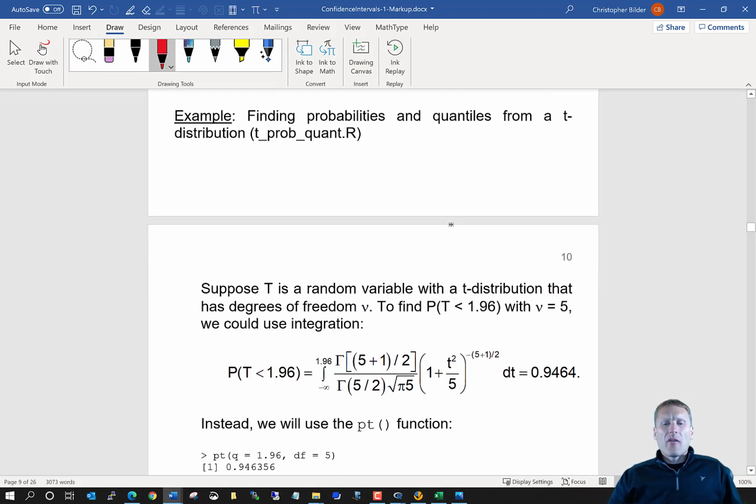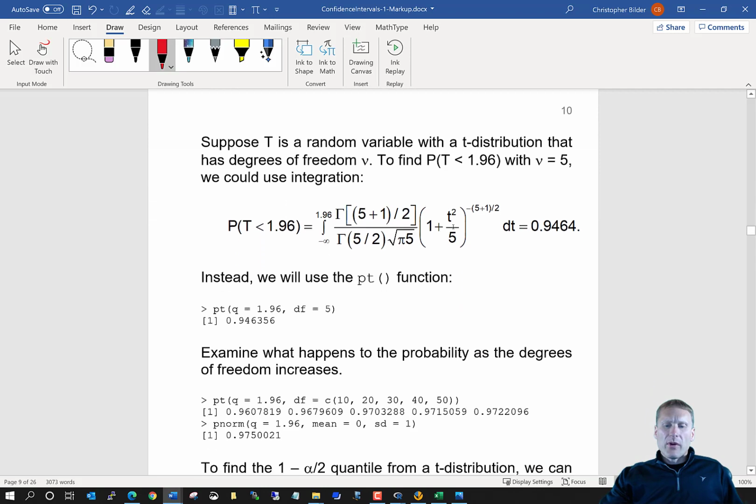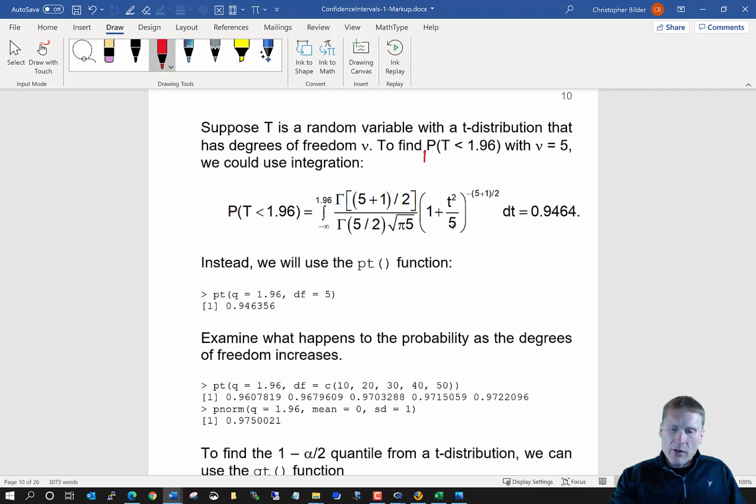So let's find some probabilities associated with the t-distribution. If I wanted to find, for example, the probability that a random variable t is less than 1.96, and suppose the degrees of freedom is 5, how would I find that? Well, I could do some calculus and take an integral.